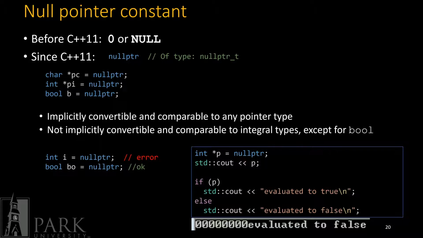And we can tell by this that the null pointer evaluates to false, because here we've set our pointer equal to null pointer, right? And then we print out the value of it. And if p, print this, else print false. And so since p is null pointer, it evaluated to false, so we get the false evaluation. Okay, this right here is what the contents of p contains, which is all zeros.